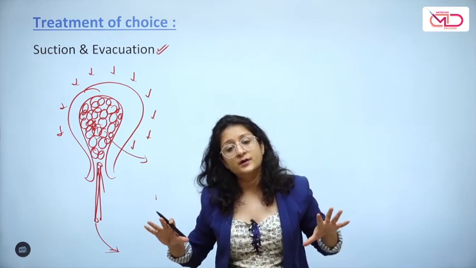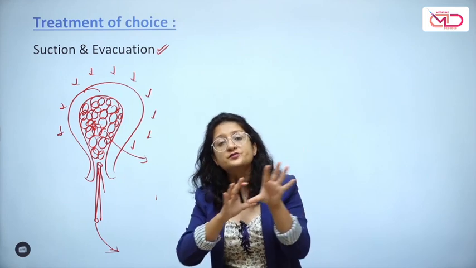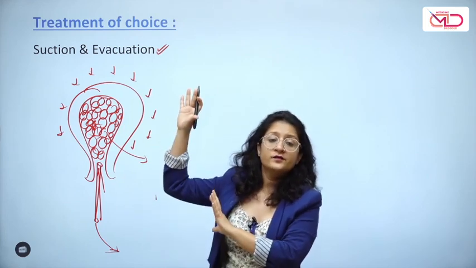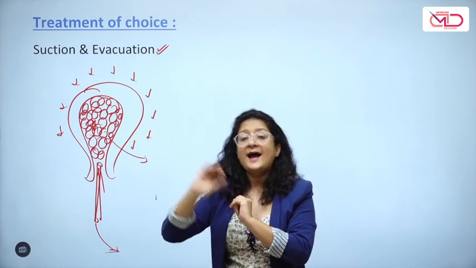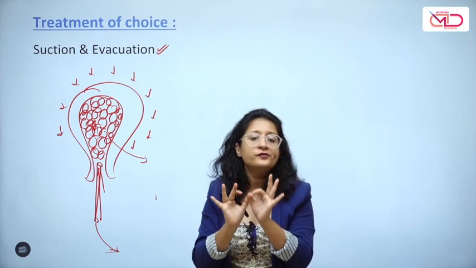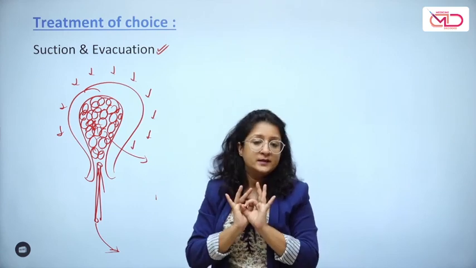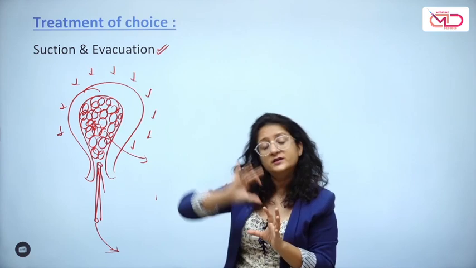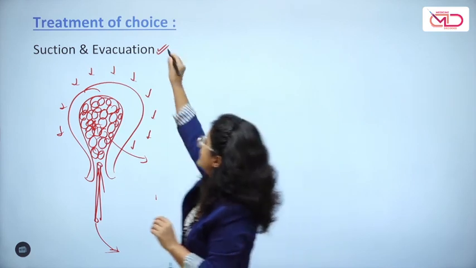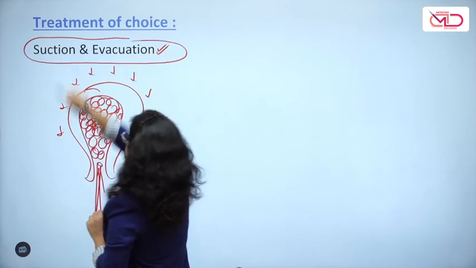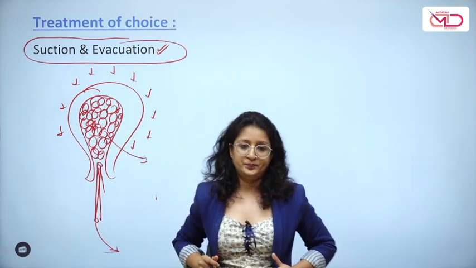So from the branches of the uterine veins to the iliac veins, and then to the inferior vena cava, and then to the lungs. And there is a slight theoretical risk, at least, of causing a pulmonary embolism. So that's why the best possible treatment of choice is a plain and simple suction and evacuation here. All right.